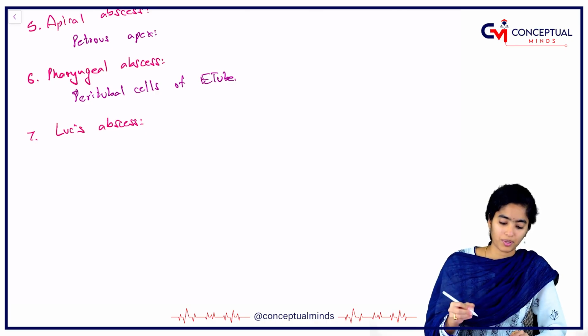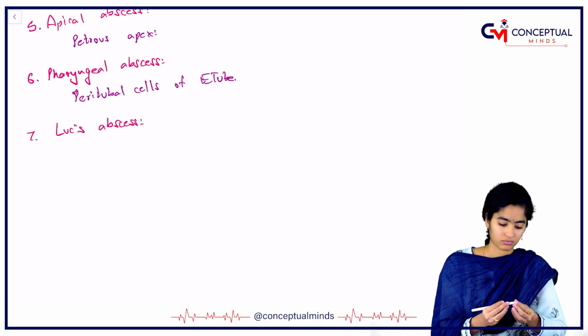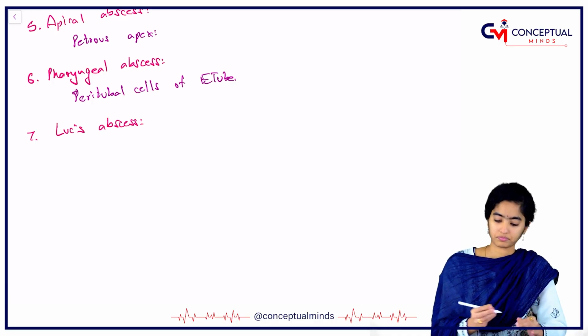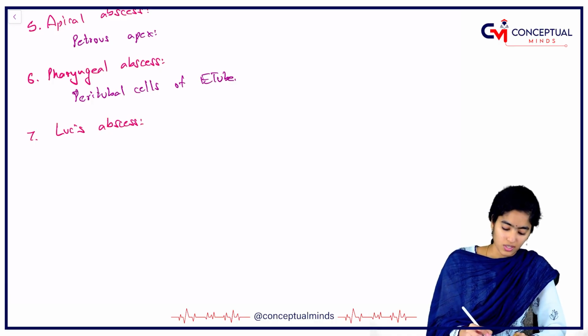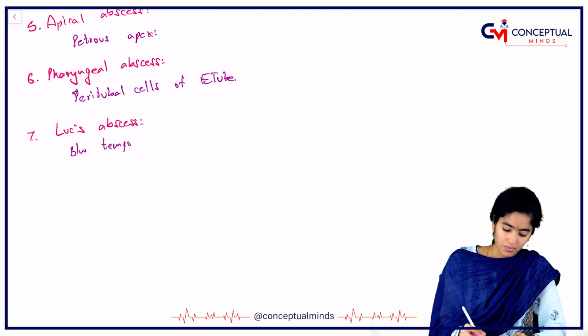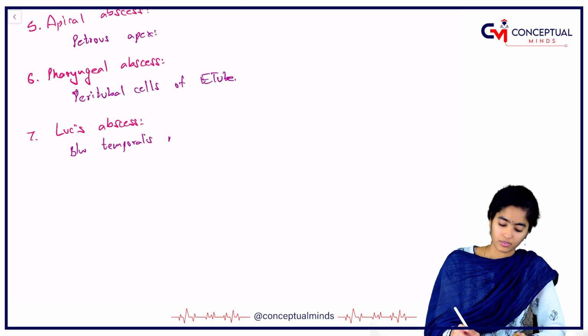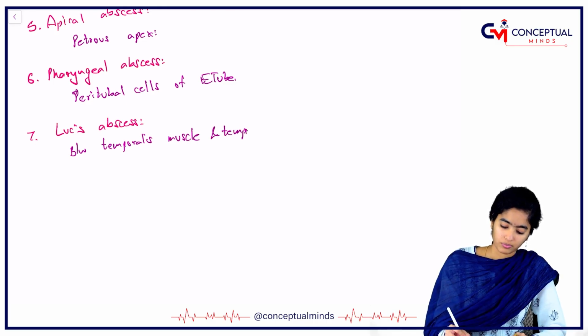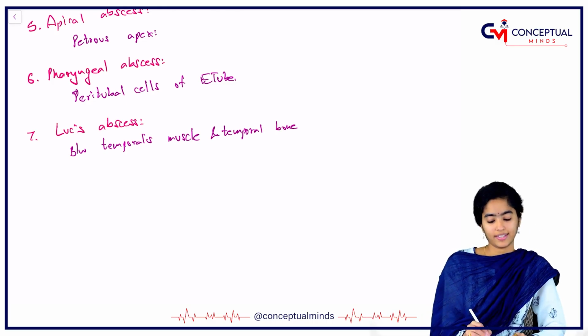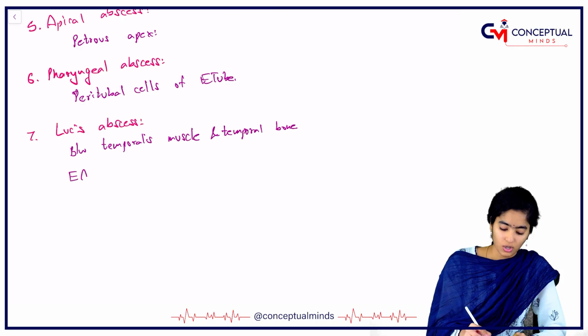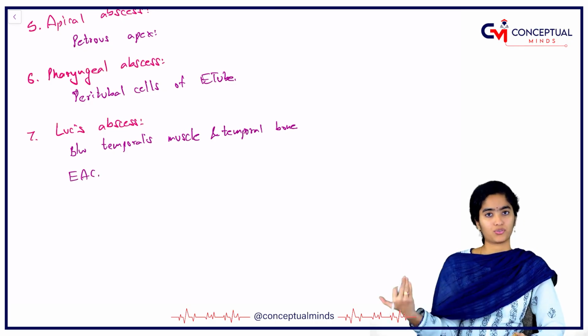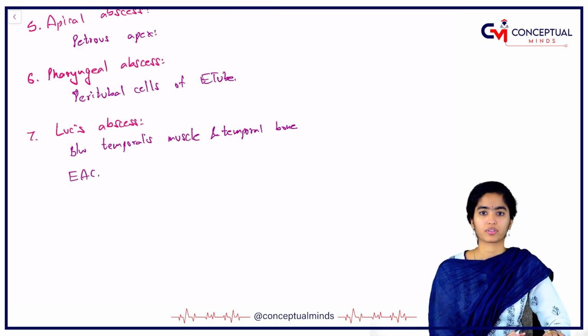So what must you remember here? That it is between the temporalis muscle and temporal bone. And how is it communicating to the exterior? Into the external auditory canal. Via the external auditory canal, the pus comes out.